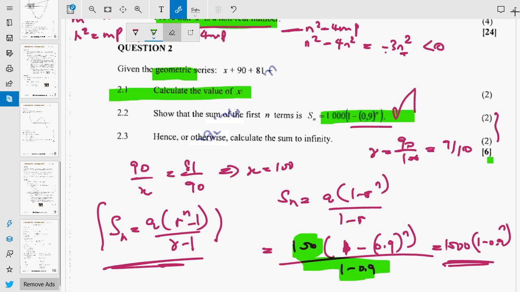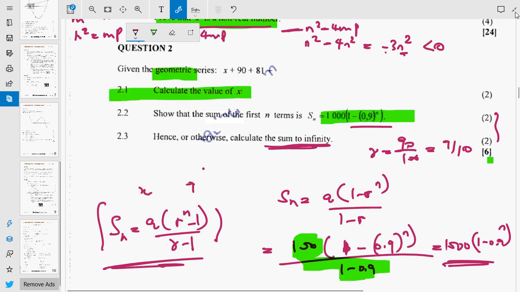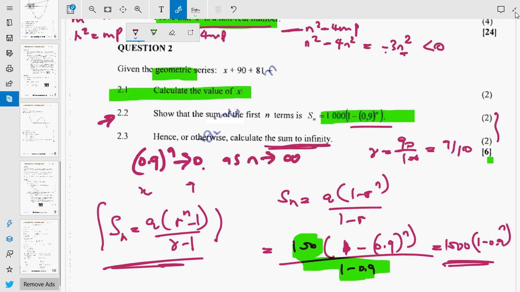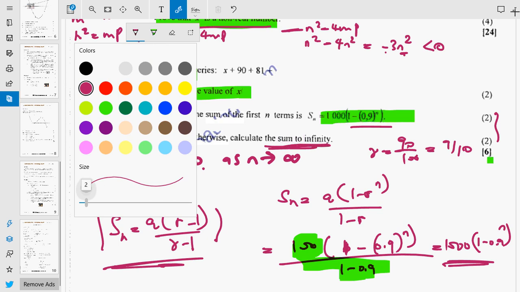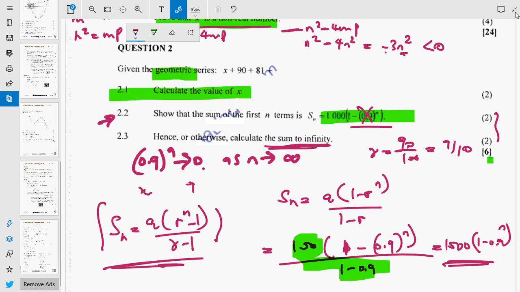If you look at the expression, from the formula derived in 2.2, you can see that 0.9 to the power n will approach 0 as n approaches infinity. So if this approaches 0, that means that the sum to infinity will be equal to 1000.